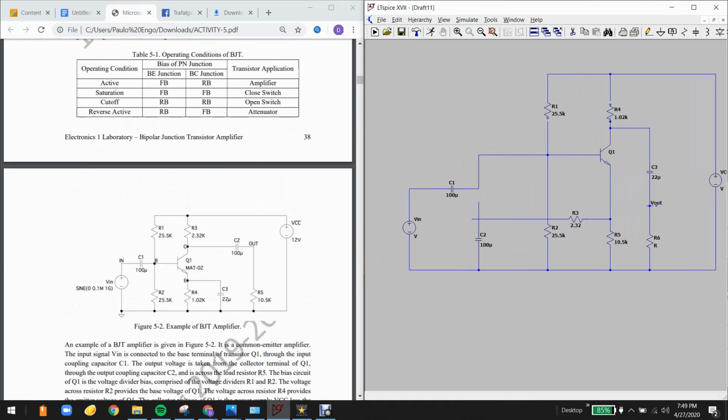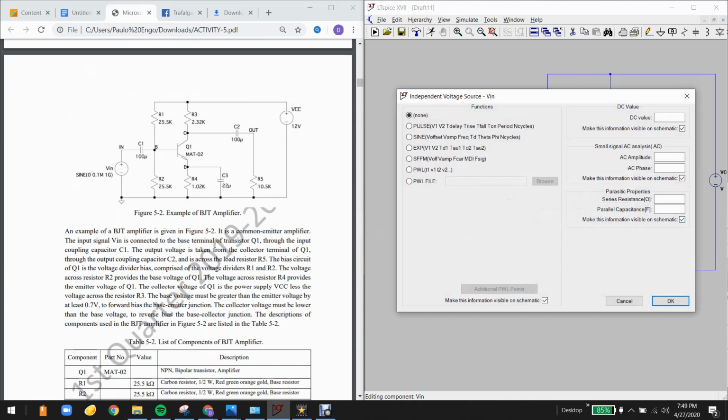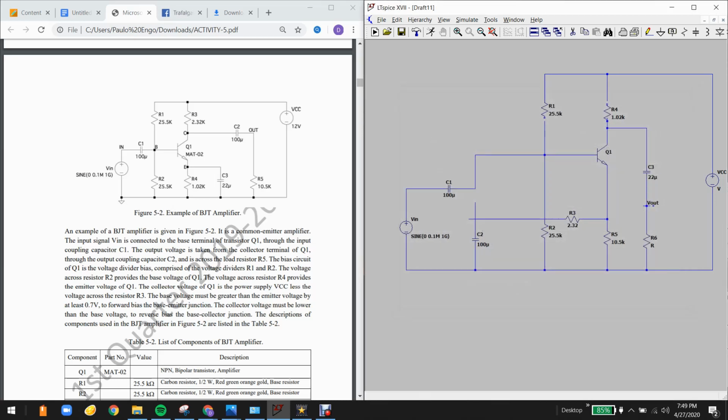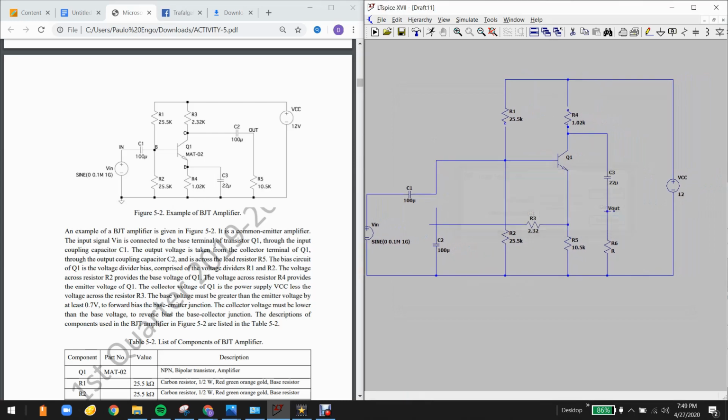And for the value of the V in and V out sine offset, 0, 0.1 N, and then 1 G. Then for VCC, that's 12 volts.